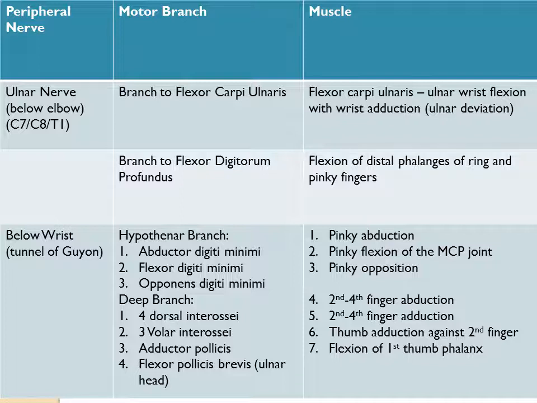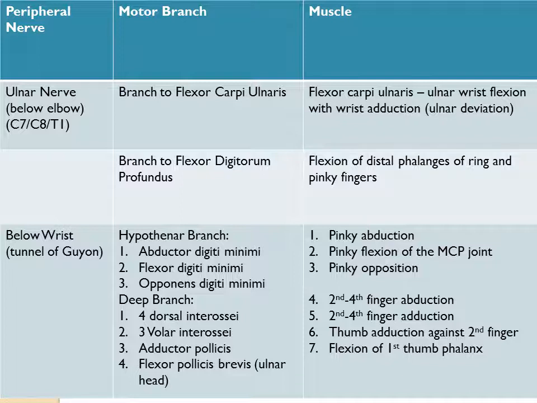But as the ulnar nerve passes through the Tunnel of Guyon, it then branches into two main branches. There's the hypothenar branch, and then there is the deep branch, and both of those are motor branches. And we'll talk about the sensory distribution of the ulnar nerve in just a minute as well. But these are the motor branches into the hand. So two main branches, the hypothenar branch and the deep branch.